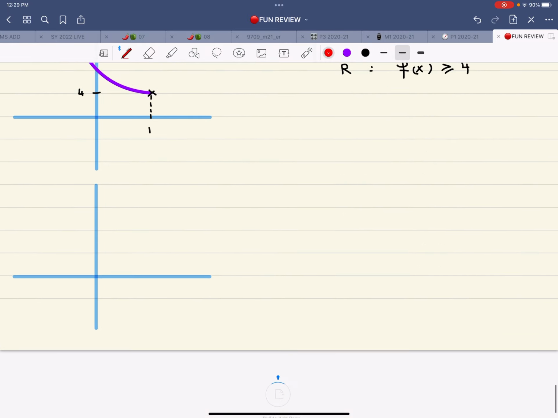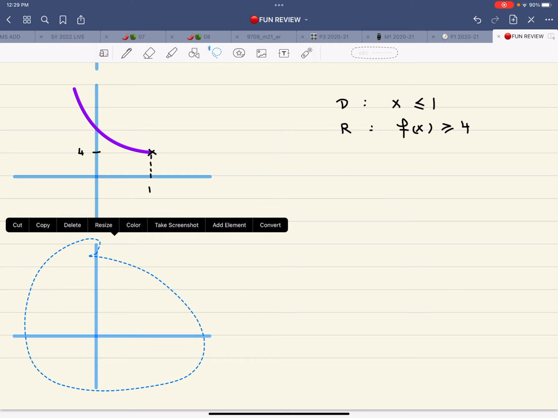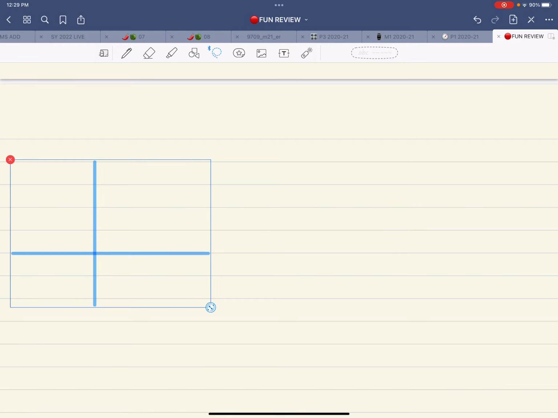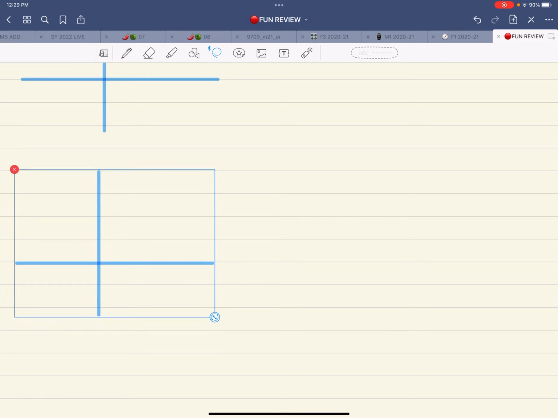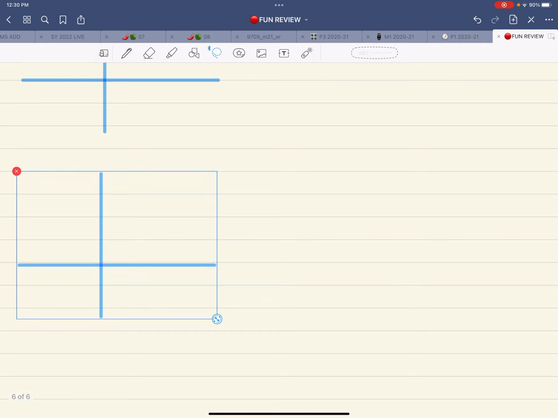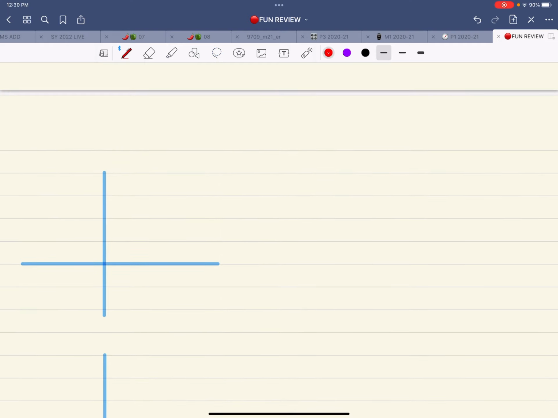Now let me not use this thing over here, and over here let me draw a graph of a maximum. 3 sketches for this. For example, if I have f(x) equals minus 2(x plus 1) whole square plus 3.